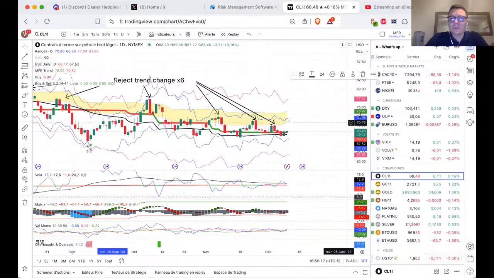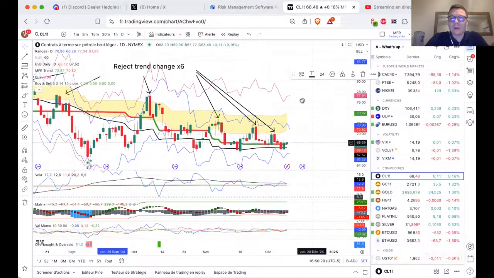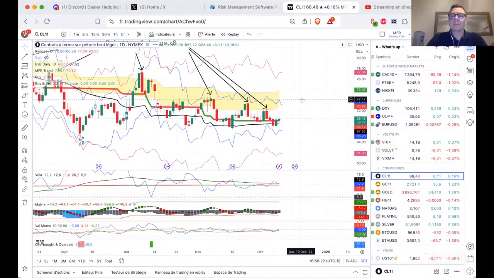Anytime price is trying to go above trend, it gets rejected. The CL pattern for a move to a bullish trend is very similar to what you get in risk assets. I'm going to show you Tesla later, and you're going to see what it looks like.